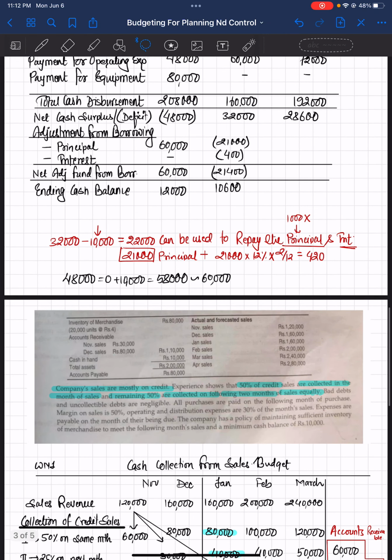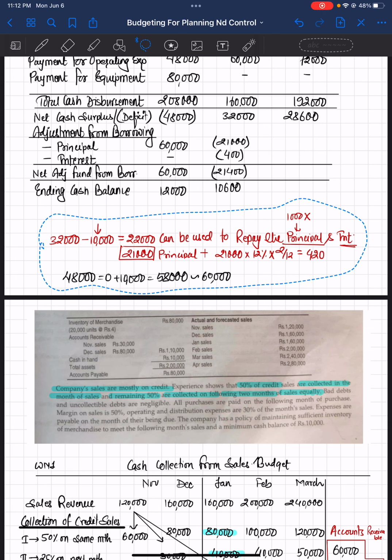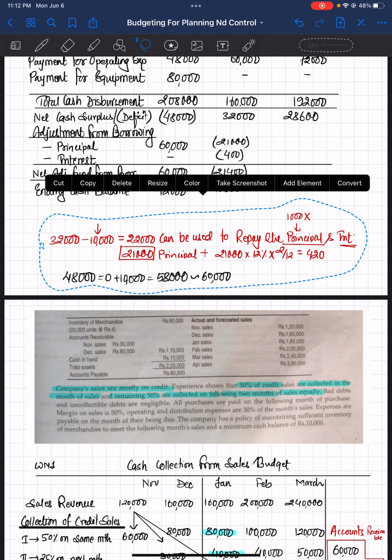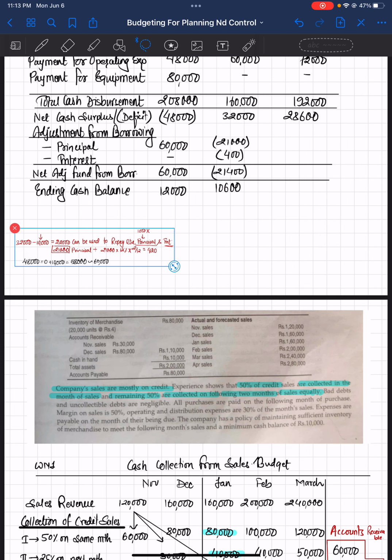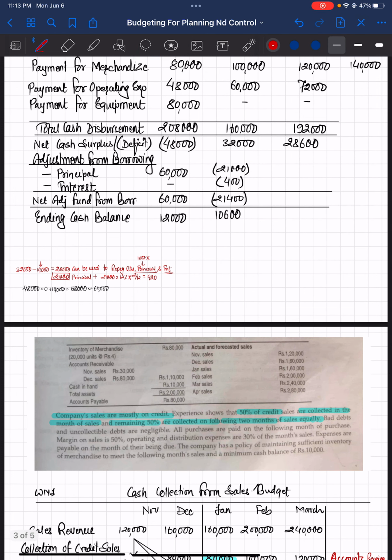Okay, let's get this thing aside and try to get the working note a little bit shortened up for the letter reference. Let's talk about this. So now we have this 28,600. Do we still have more than what we are going to require as a minimum cash balance? Yes.